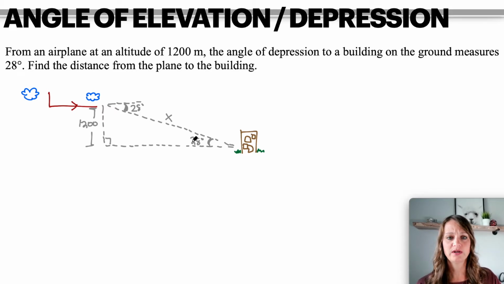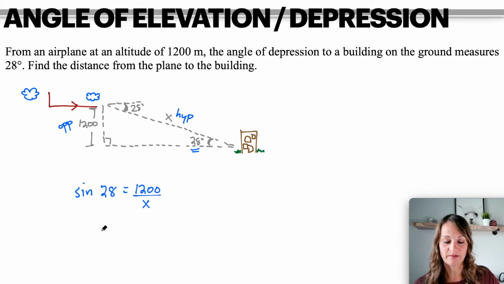So according to this angle, this is your opposite side, and this is your hypotenuse, which would be sine. So the sine of our angle is going to be the opposite divided by the hypotenuse. The x is in the denominator, and so we are going to switch places. So 1,200 stays, but the sine of 28 and x are going to switch places.